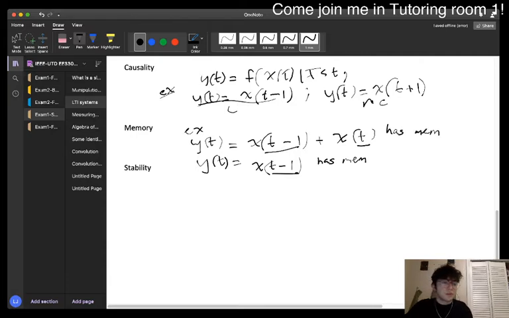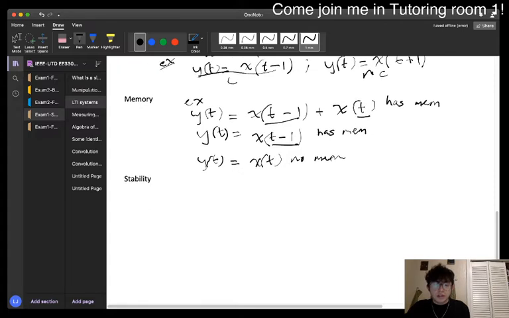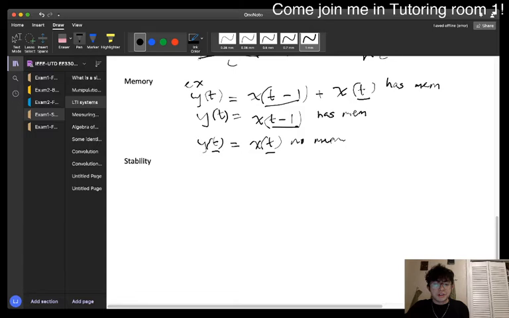But if we have y of t equal to x of t, then this one will not have memory. No memory. This is because y of t only depends on the value at the present. So basically the index variable is t across any of the inputs.